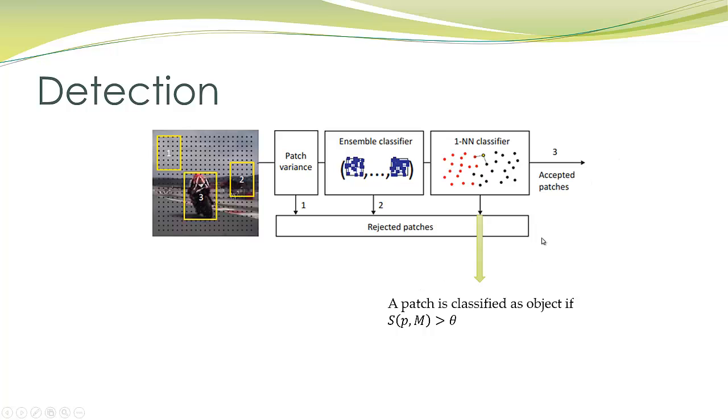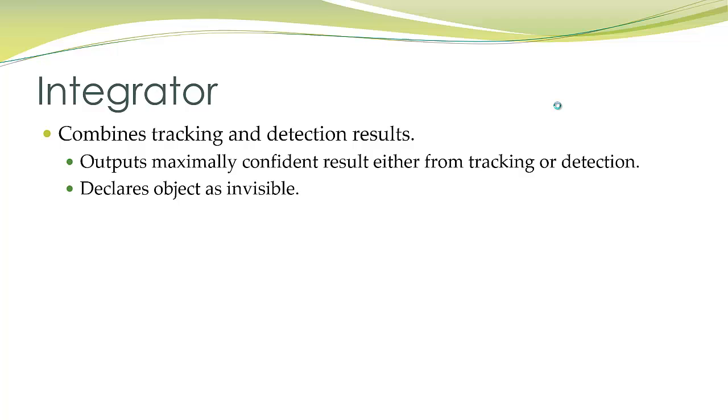A patch is classified as the object if some similarity measure, such as correlation, is larger than a certain threshold, 30. You regard this patch as accepted, and you finally output this patch from this stage.